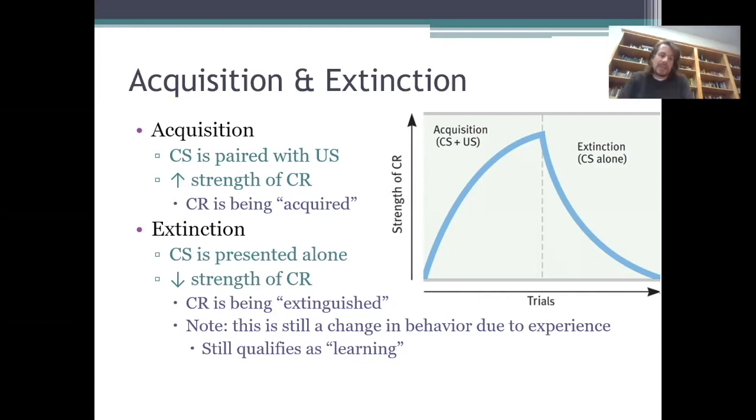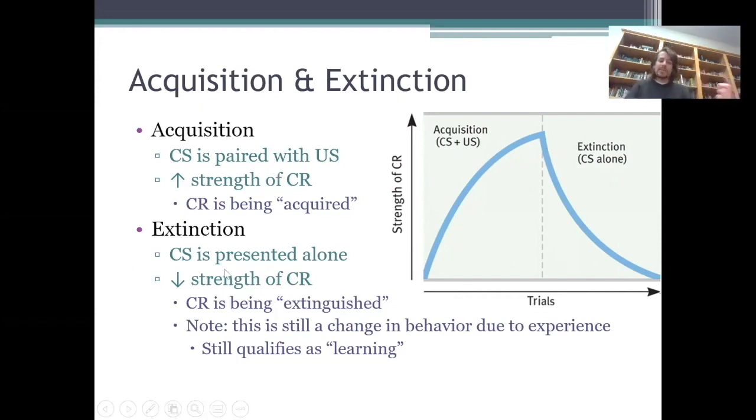It's just that now the conditioned response is decreasing in strength rather than increasing. And now the experience that's causing that change is the CS occurring all by itself instead of the CS occurring with the US, which is the experience that causes the change in acquisition. But with extinction, there's still a change in behavior that results from these experiences.